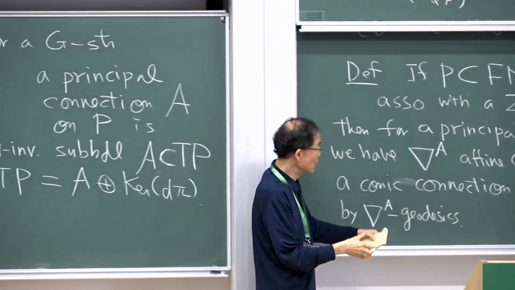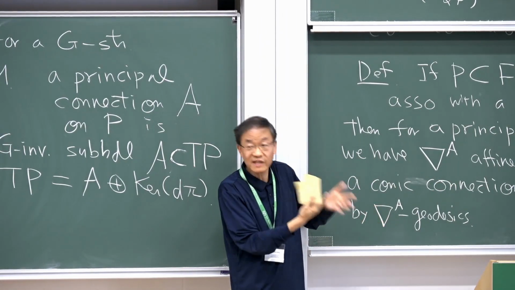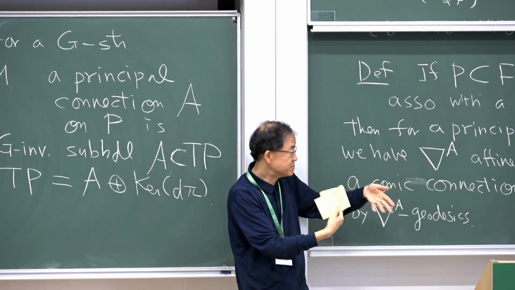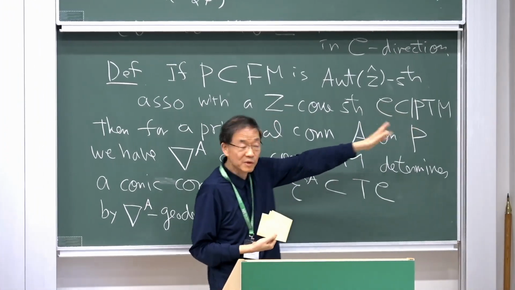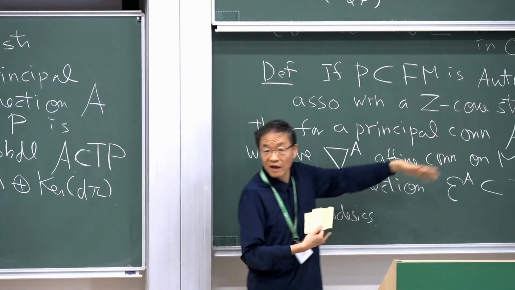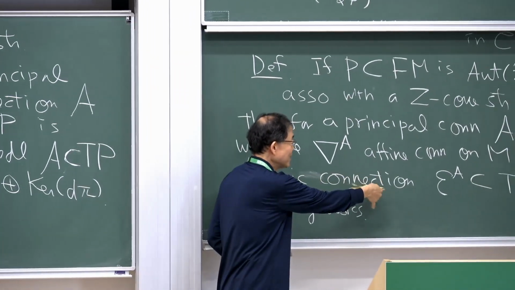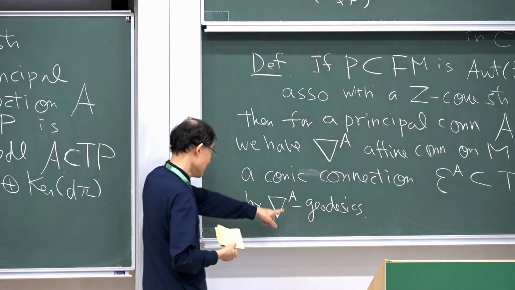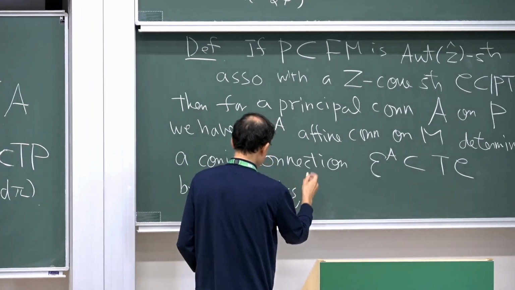In other words, when you have an affine connection, it determines a projective connection, so a path geometry. This path geometry preserves this cone structure because this principal bundle is Aut(Z hat). And this induces a conic connection from the geodesics of the principal connection.